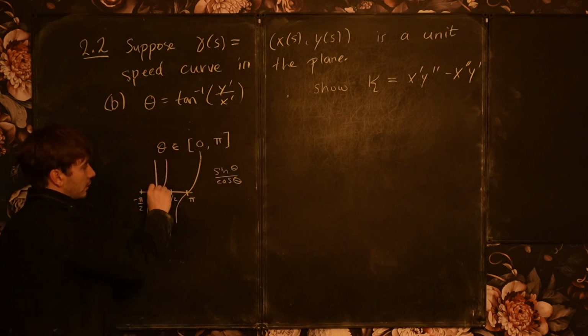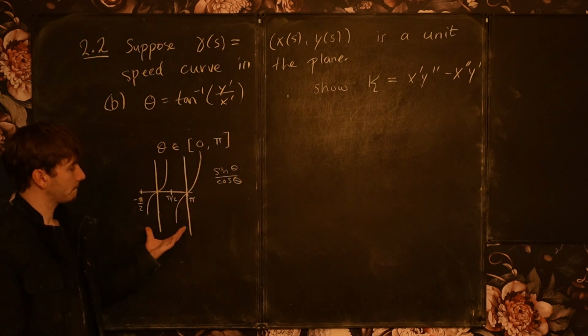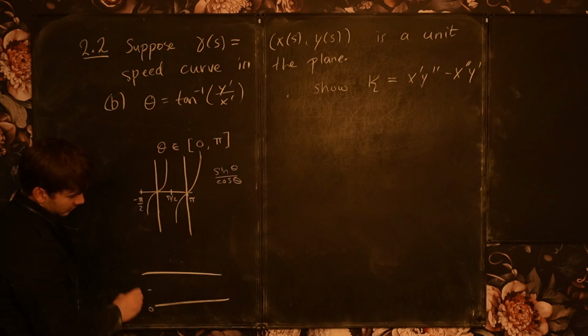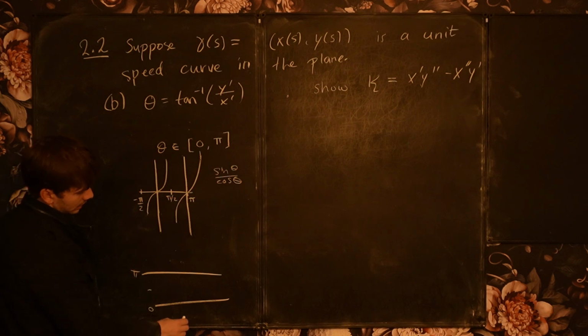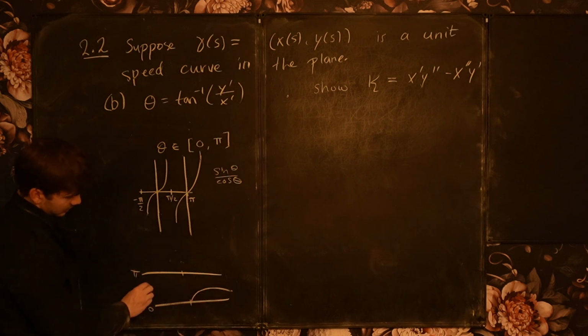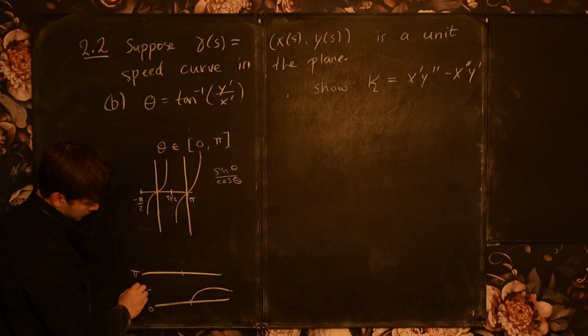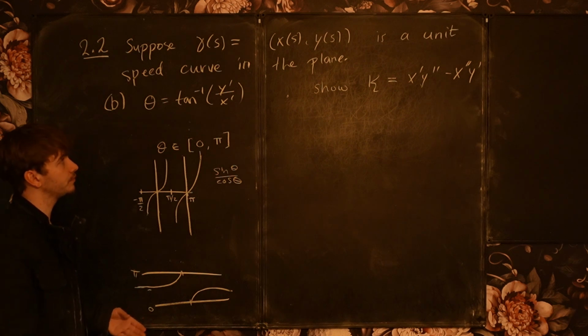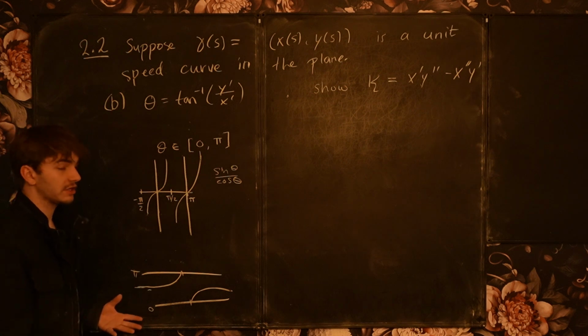This is the branch of the arctangent function that we're taking in this definition, and we're assuming that if x prime is 0, theta is pi halves.